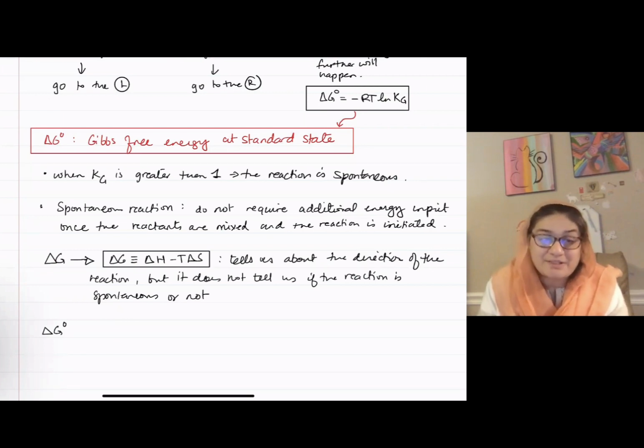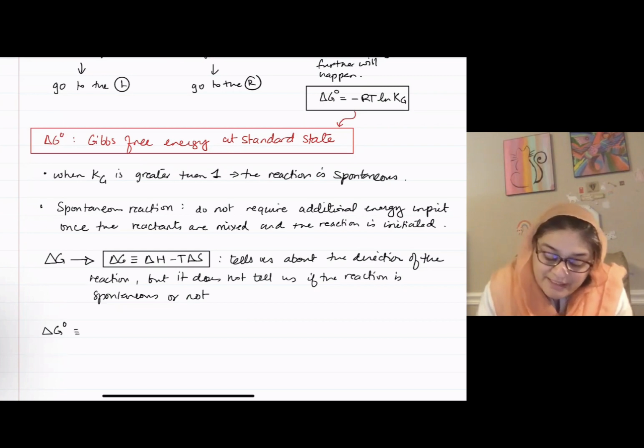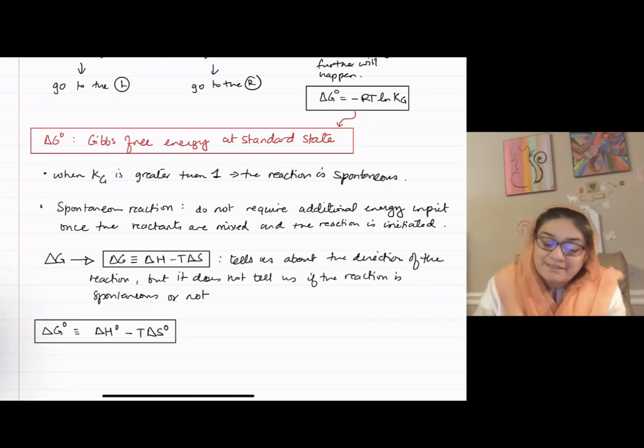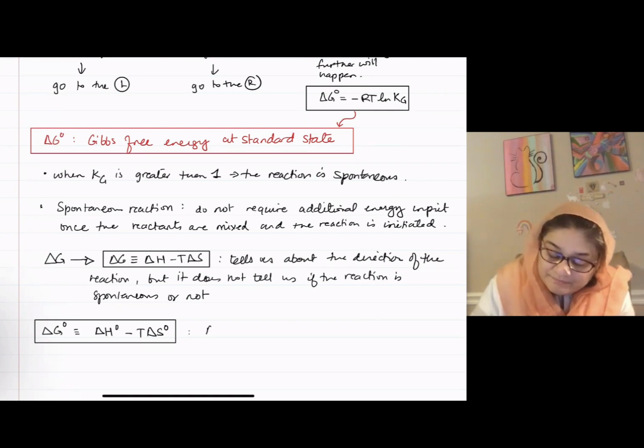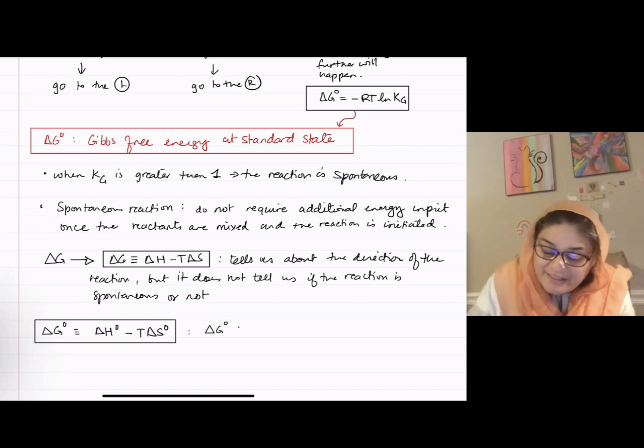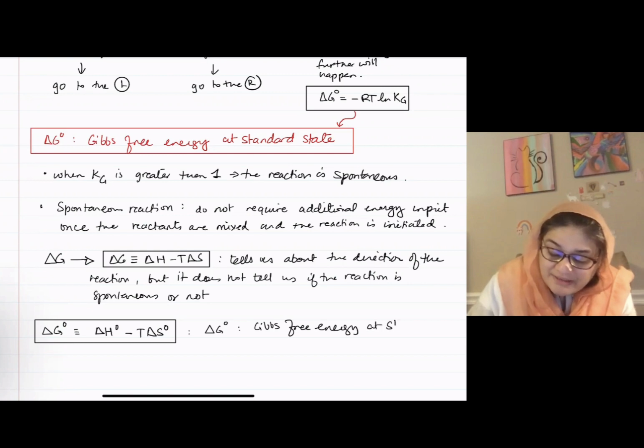And delta G0 can be defined as delta H0 minus T delta S0. So I'm going to tell you two different things. Delta G0 is the Gibbs free energy at standard state.